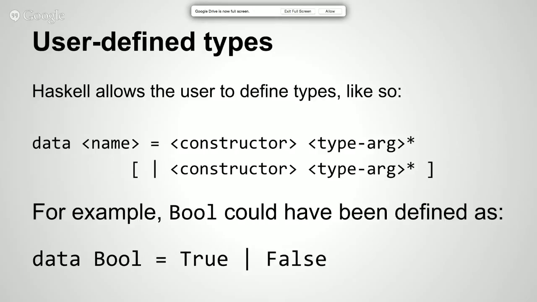In fact, that's exactly what it is. It has 2 constructors, one called True, one called False. And Char, although I haven't put this up there, has 1,000,000.1 constructors, 1 for each character.